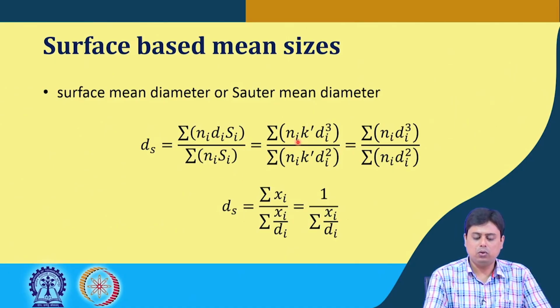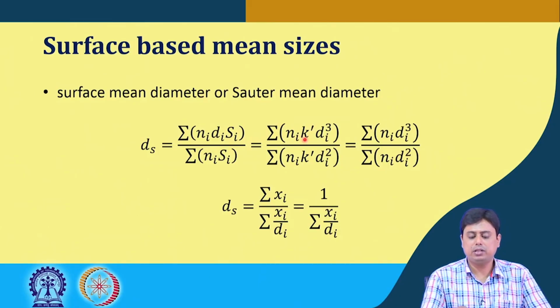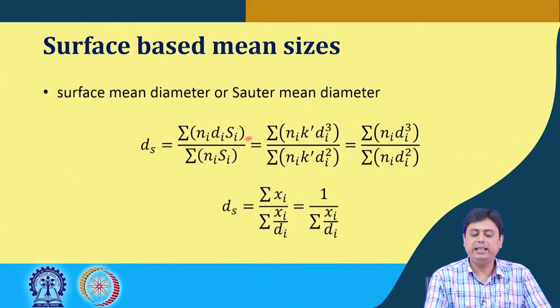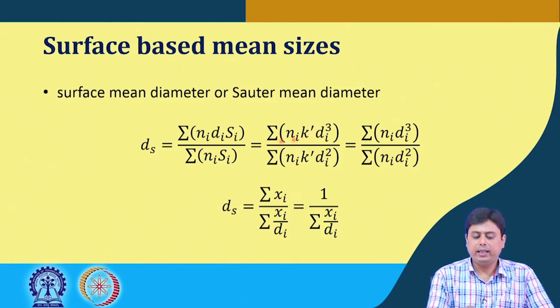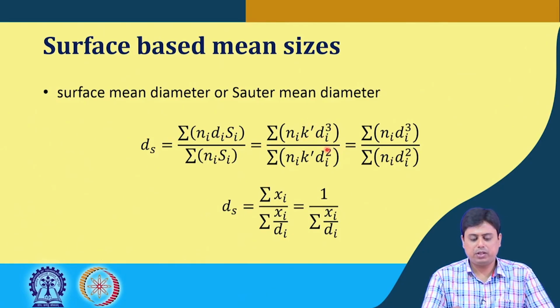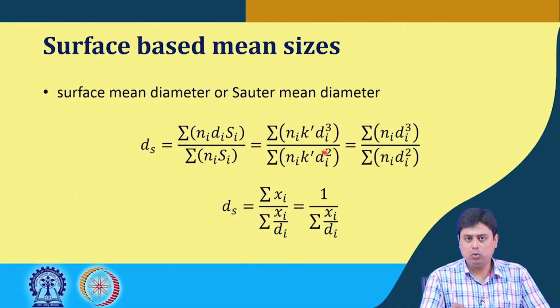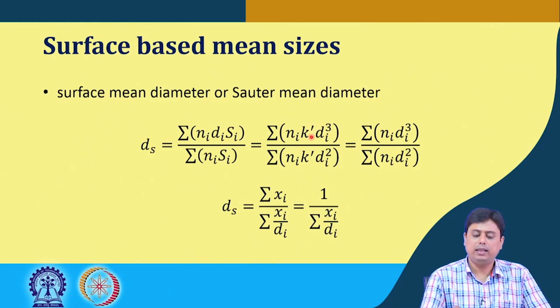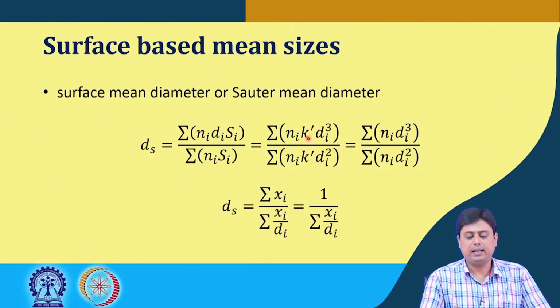Now, here also the surface we can write, like the volume, as a certain constant multiplied by the linear dimension square, or di square. In the volume we have mentioned that it is the linear dimension cube. So surface is the linear dimension square with a constant parameter that changes with different shapes. Here we are designating that as k prime.